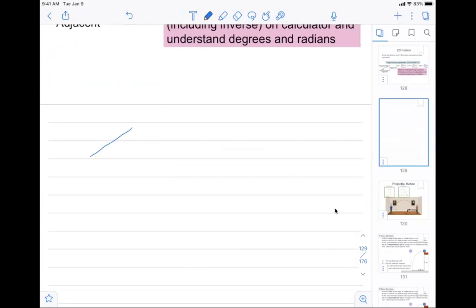So let's say this is your velocity v naught. Okay, and this is my x direction and this is my y direction. What I would do is decompose this velocity into x and y components. This is your x direction, v naught x, and the vertical one is v naught y.